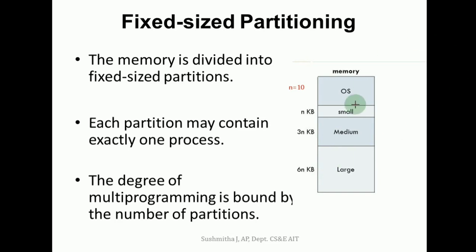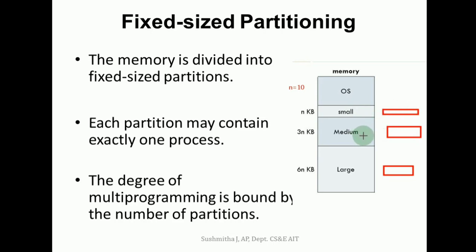Now I will have an input queue for each of these partitions. Why do I have an input queue for each of these partitions? Now if there is a process that is less than or equal to 10 KB, that will be waiting in this input queue.